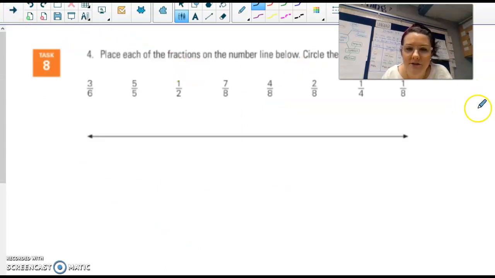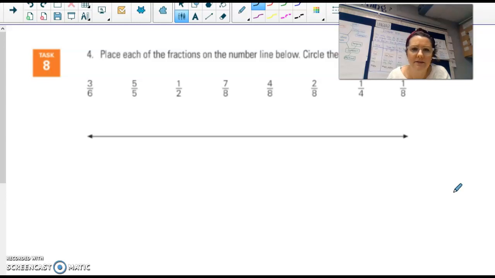All right, fractions on the number line. It says place each of the fractions on the number line below. Circle the smallest fraction. So looking at these fractions, I see 3/6, 5/5, 1/2, 7/8, 4/8, 2/8, 1/4, 1/8.